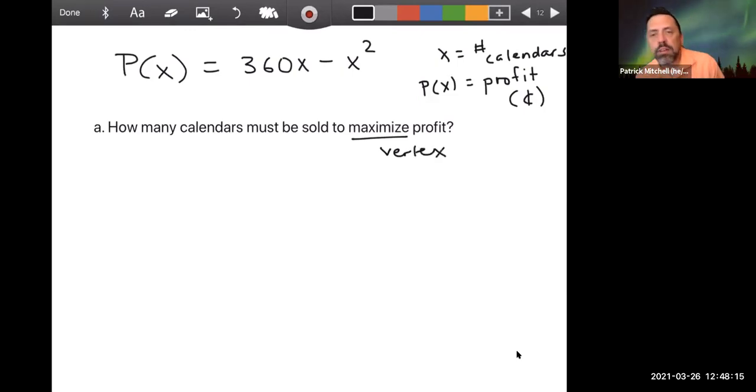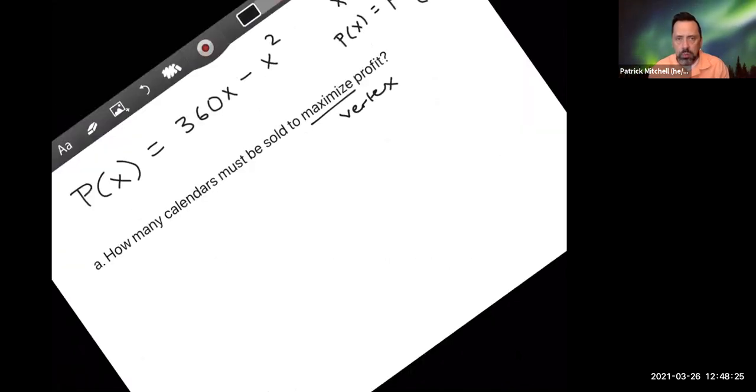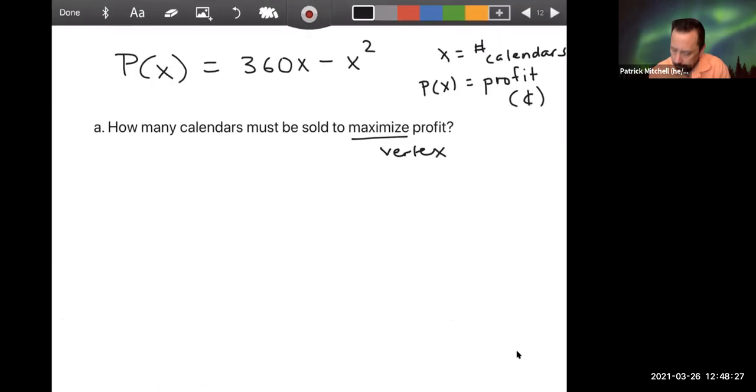Now, it's not always going to be obvious. Are they looking for the x coordinate of the vertex or the y coordinate? Well, in this case, I look at the question. How many calendars? How many calendars is x? So this is looking for the x coordinate of the vertex.